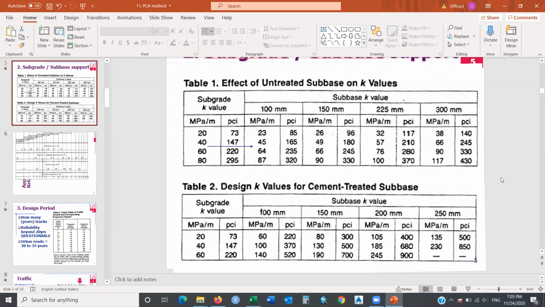Right now we're using a 100 untreated. So we could increase the sub-base thickness. Increase or decrease? Decrease. Yes, you could decrease this or eliminate and put it directly on the soil.